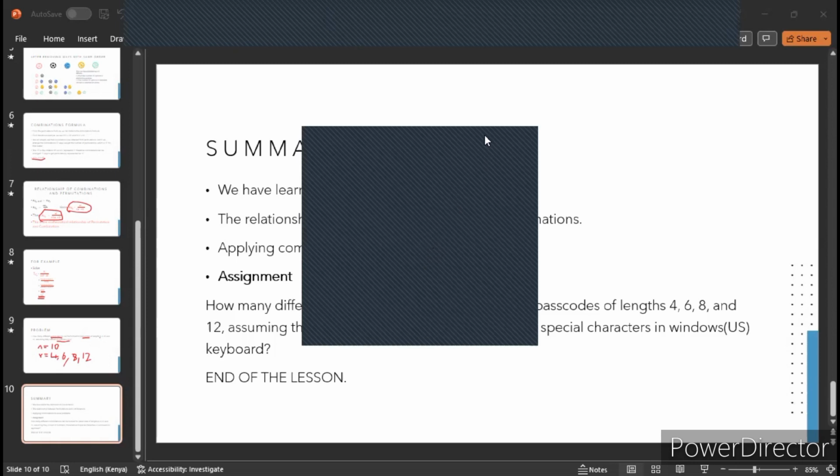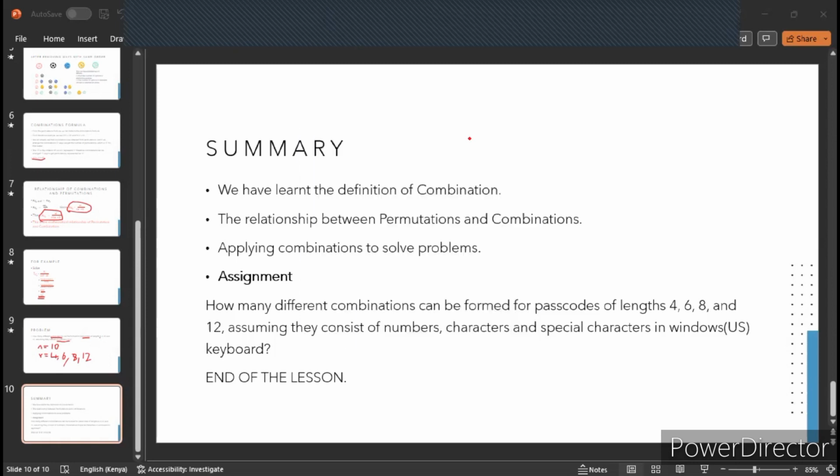It's the process whereby we have possible arrangements in a collection of items where the order of the selections does not matter. Yes, combinations are the number of ways of selecting items from a set without considering the order.